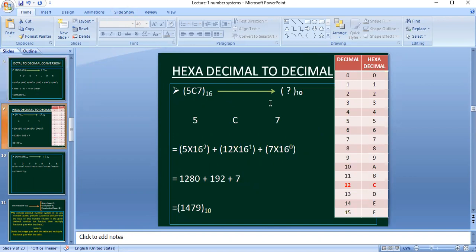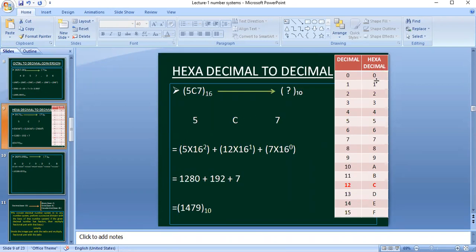So this is the hexadecimal number system. What you have to do is convert the given hexadecimal number into the decimal number system. For the hexadecimal number system, the base or radix is 16. It contains 16 digits. What are those?